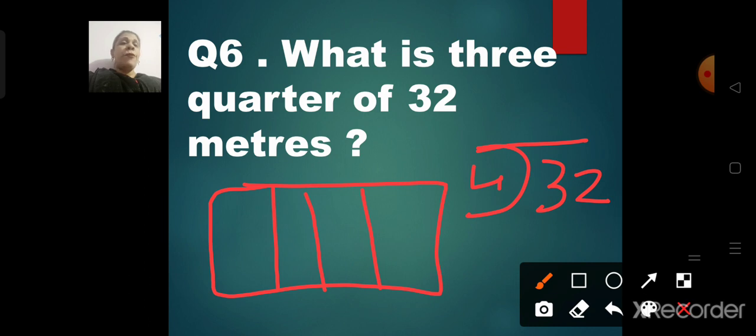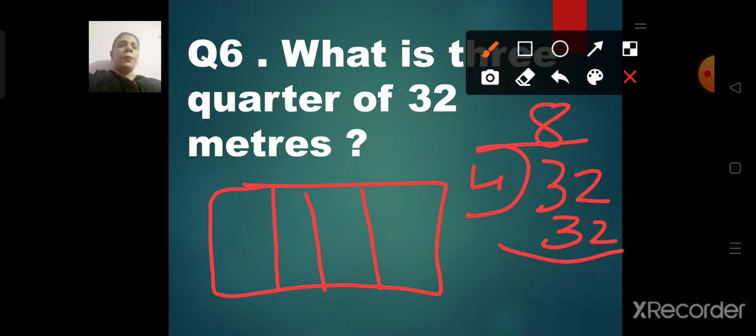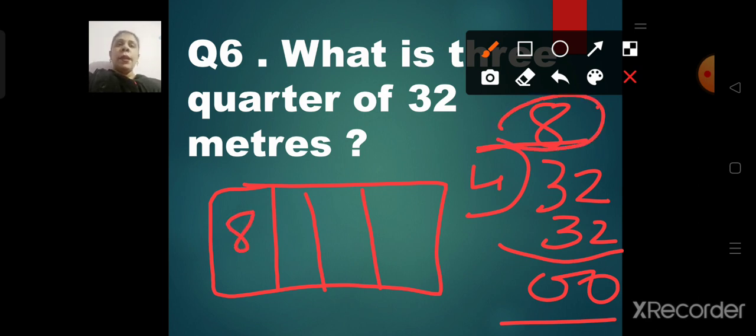So 4 ones are 4, 4 twos are 8, 4 threes are 12 and 4 eights are 32. We got the remainder 0 and the quotient 8. So one part we got as 8 meters, this is 8, this is 8. So 8 plus 8 will be 16, 16 plus 8 will be 24 and 24 plus 8 will be 32.